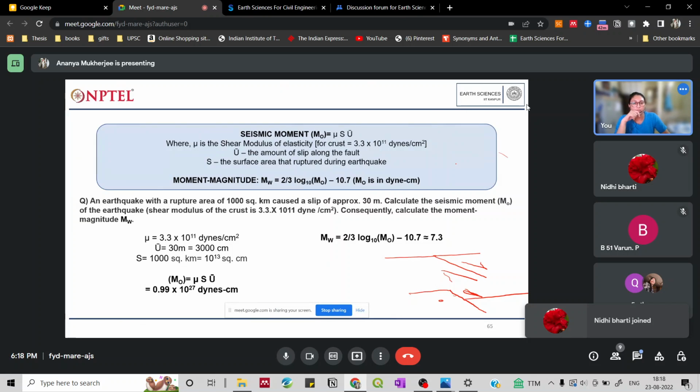So that is how the seismic moment is calculated, and with the help of the seismic moment you will get the moment magnitude. This is the moment magnitude, and this is the formula.